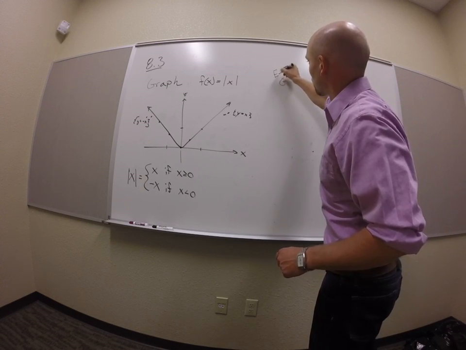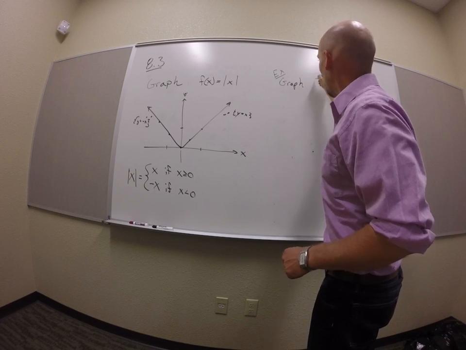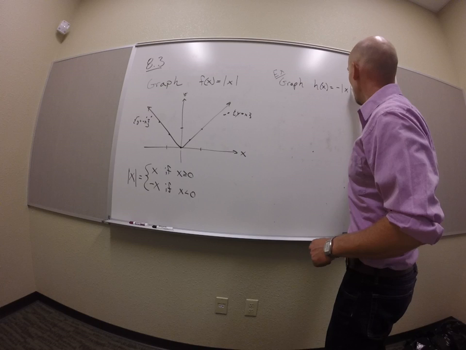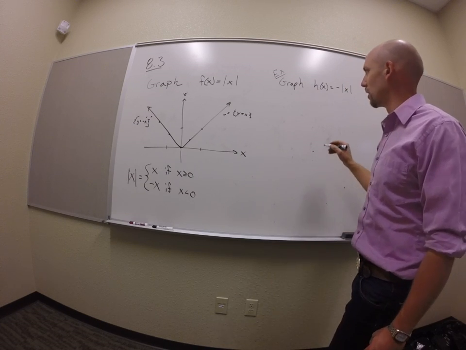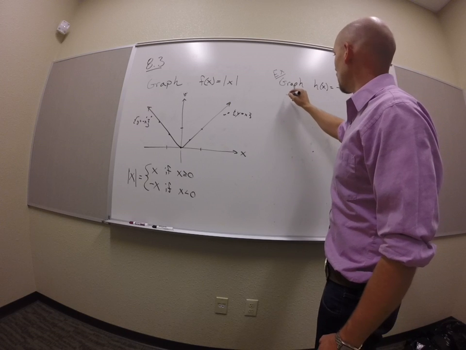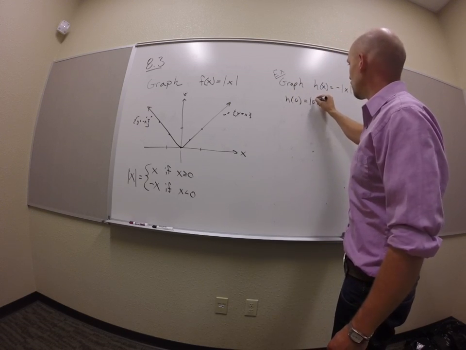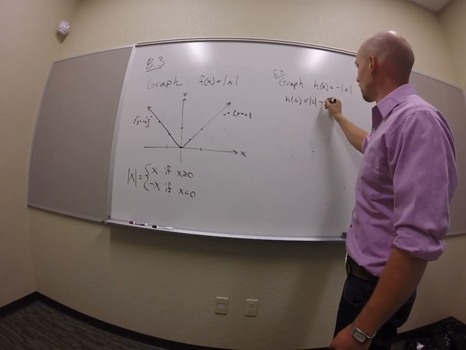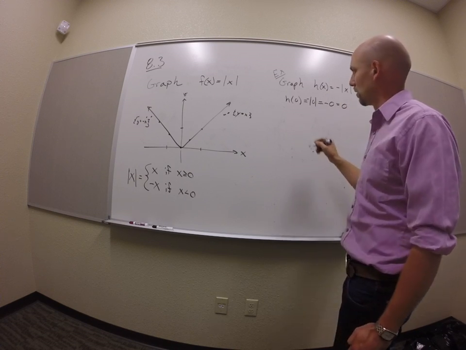We put a minus sign on there, so if we want to graph instead, say h, so this is another example, right? We want to graph h of x, which is minus absolute value of x. We could do this by finding some points, right? So we say, okay, what's h of 0? That's minus the absolute value of 0, which is minus 0, which is 0 still.